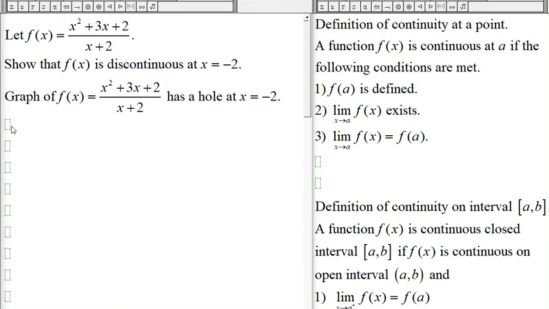And so first, let's find f of a. In this case, a is referring to the negative 2. And so we say, well, let's find f of negative 2. In the place of x, we just put negative 2.